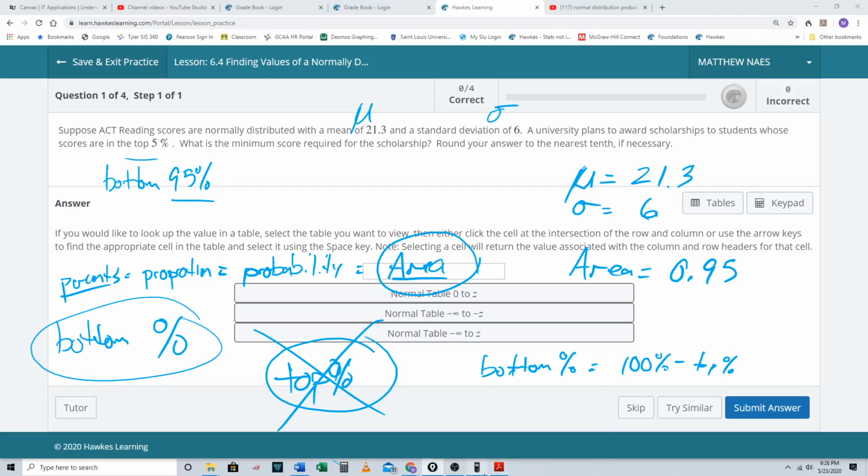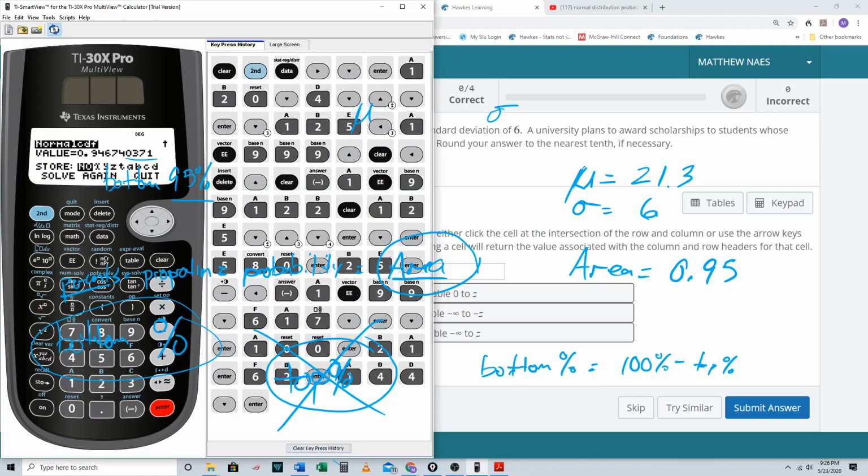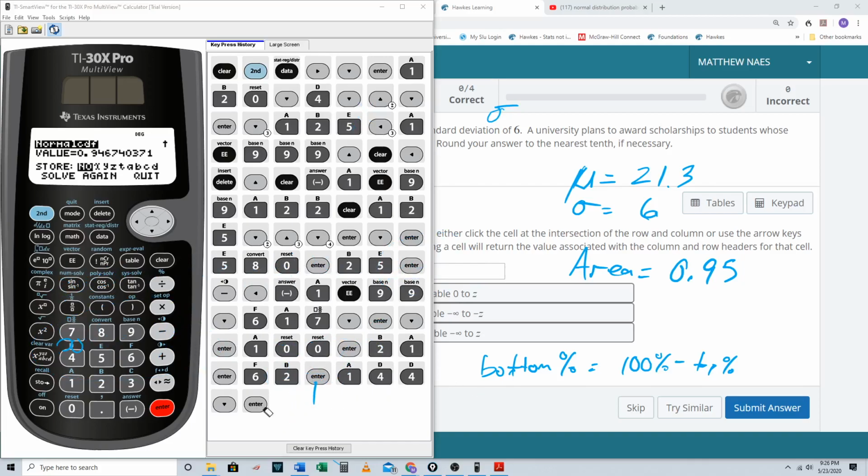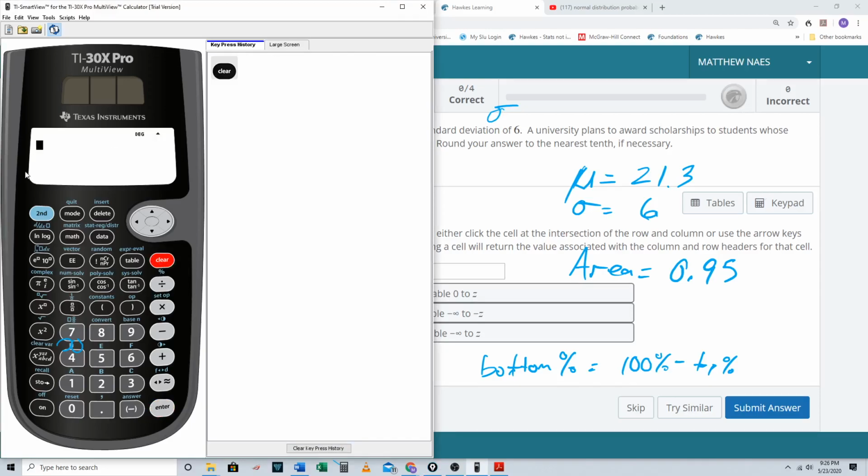We're going to go back to where we were. Let me erase some stuff. All right, clear this. Clear this. So we're going to go back to where we were, and we are going to go back to second data, and then the DISTR, like we did in 6.3.